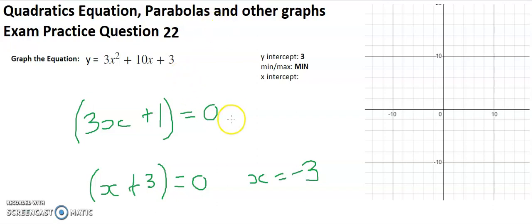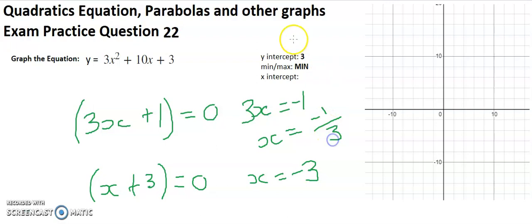To get 3x plus 1 to 0, I take 1 from both sides, and 3x becomes negative 1. I divide both sides by 3, and I get negative 1 over 3. So that is my x-intercepts, negative 1 over 3 and negative 3.